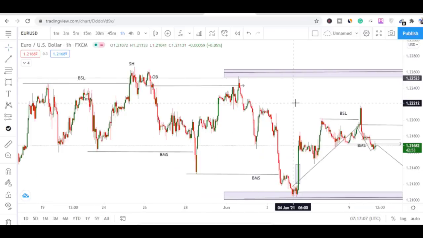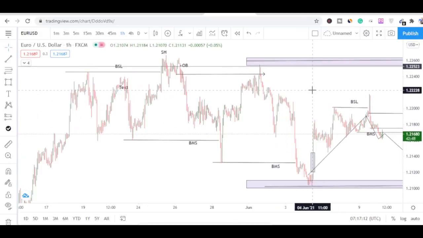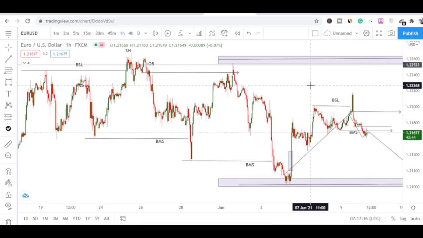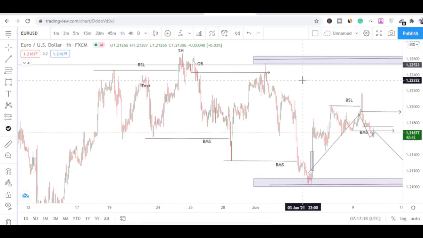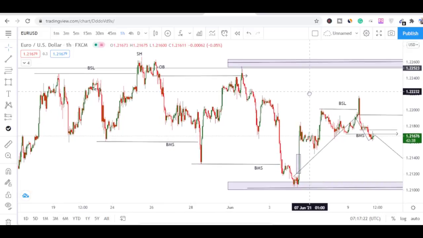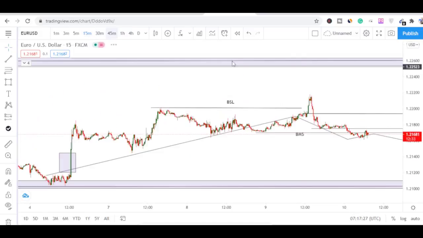So even if it goes against me, I'm still a forex trader and not a gambler. So that's the edge you have over those who just take trades blindly. Okay. So this is what the 1 hour has to tell us. 1 hour is still telling us that we are bearish. Right. So let's go to the 15 minutes and see what price is doing.